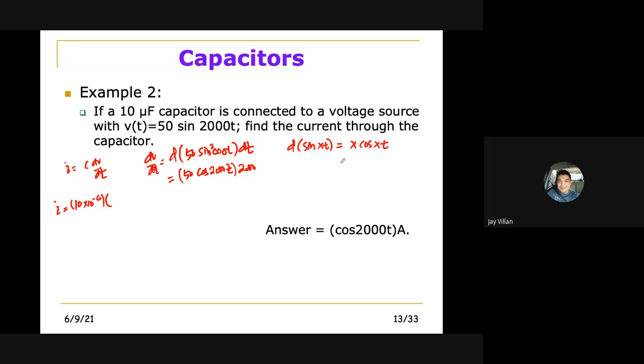Correct? All right. So, just enter it here. 50 times 2000 times cosine of 2000 t. So, is this equal to cosine of 2000 t?